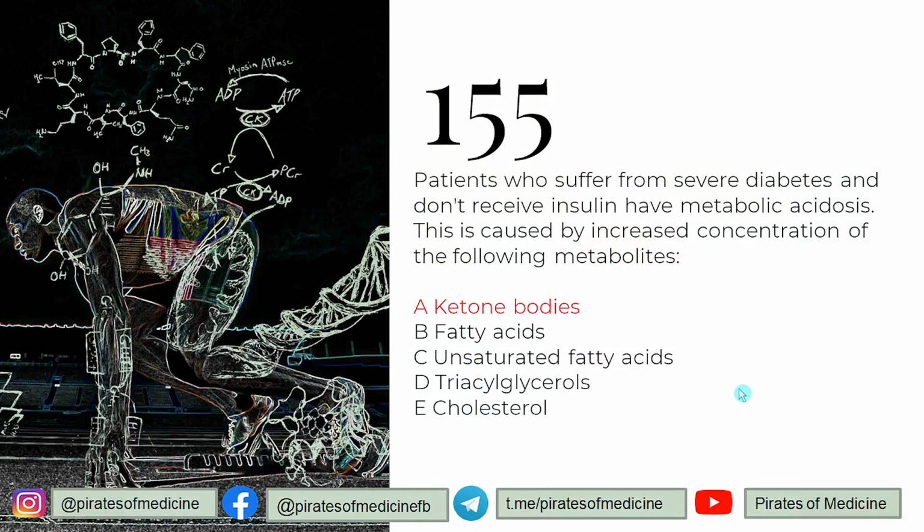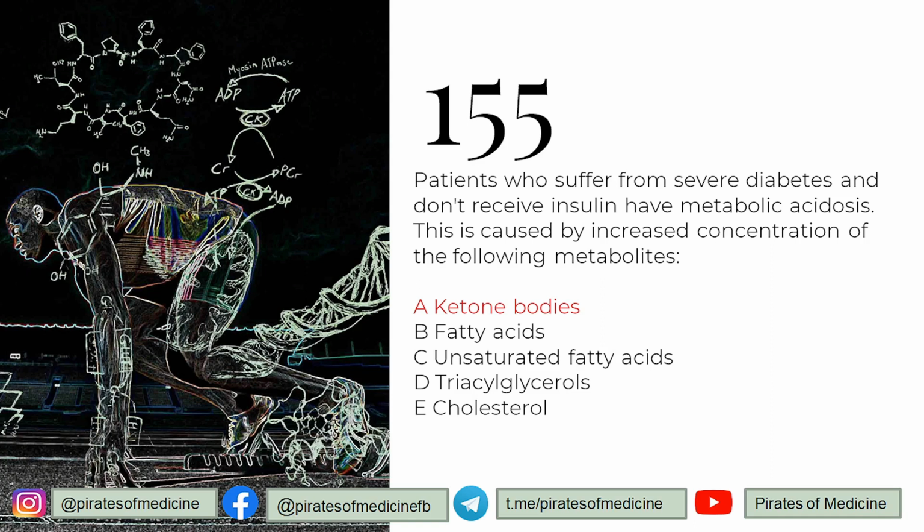155. A patient who suffers from severe diabetes and doesn't receive insulin has metabolic acidosis. This is caused by the increased concentration of... we already know that people who suffer from severe diabetes, we talked about this in physiology, suffer from an extreme complication called diabetic ketoacidosis.